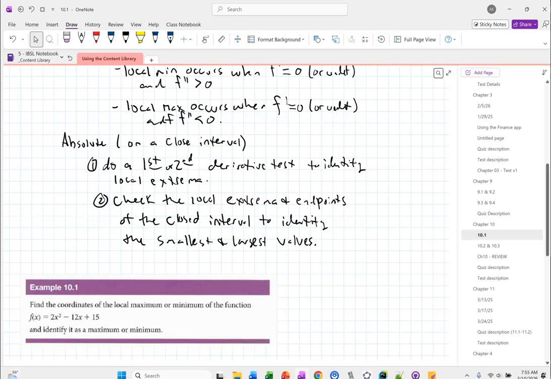Because if it's on a closed interval, you know, I could have something like this.